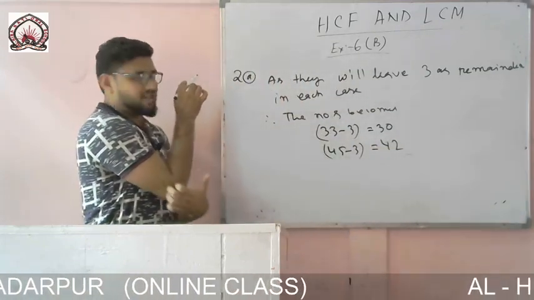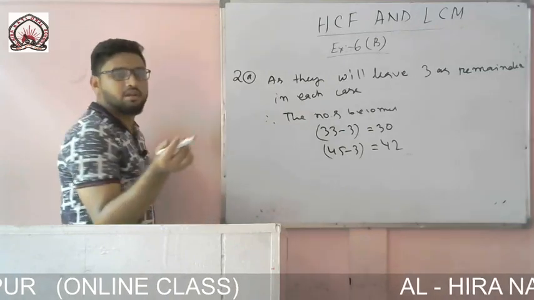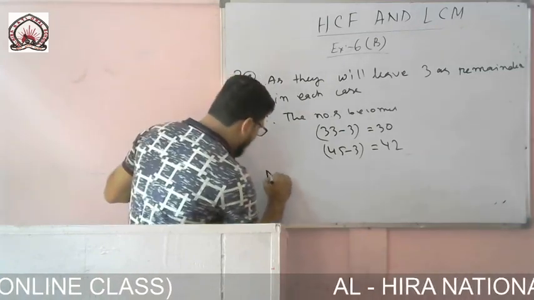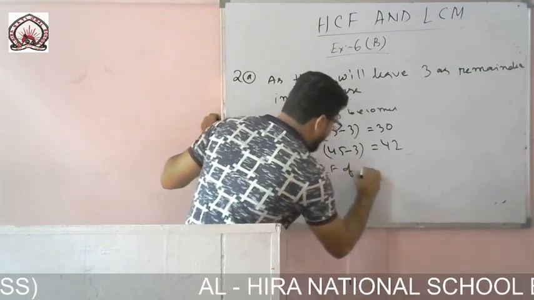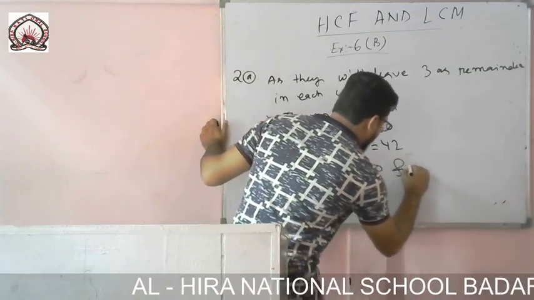Now we need to find the greatest number that will divide. So now find the HCF of 30 and 42.